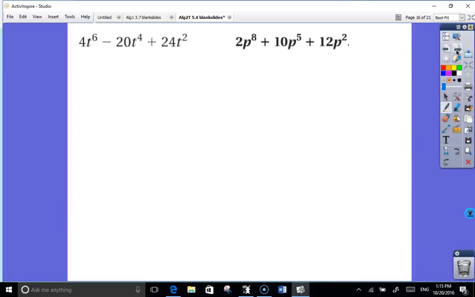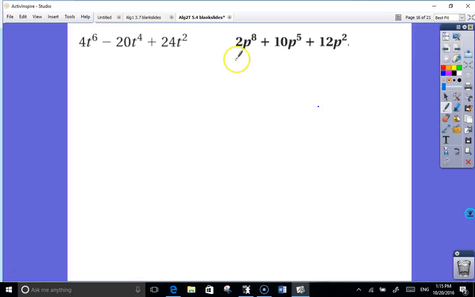Okay, now these are also going to be quadratic form. Let me do the one on the right. What is the greatest common factor for the terms on the right? 2p squared, right?